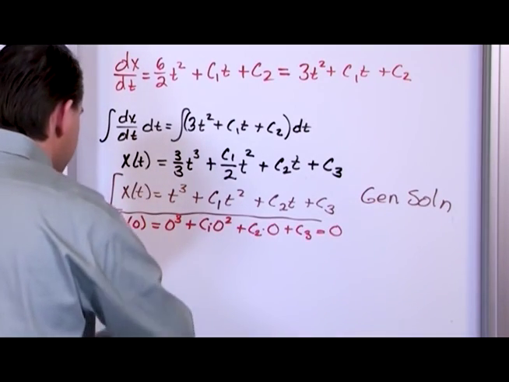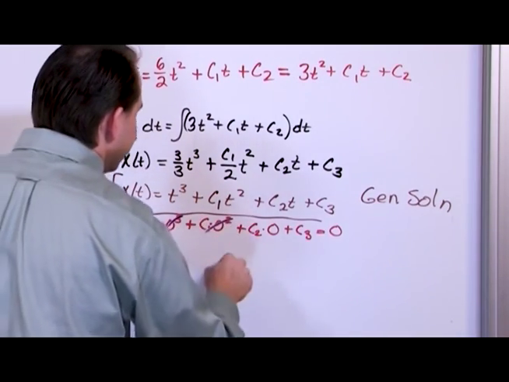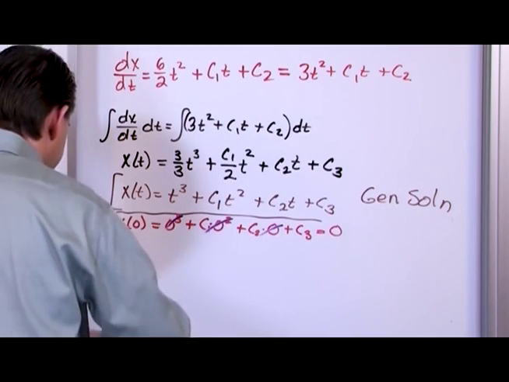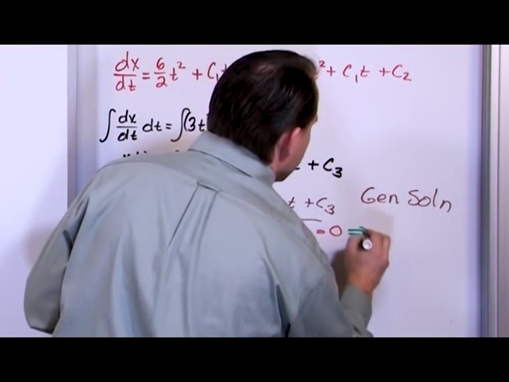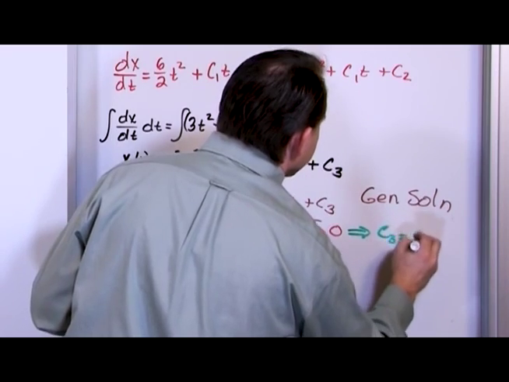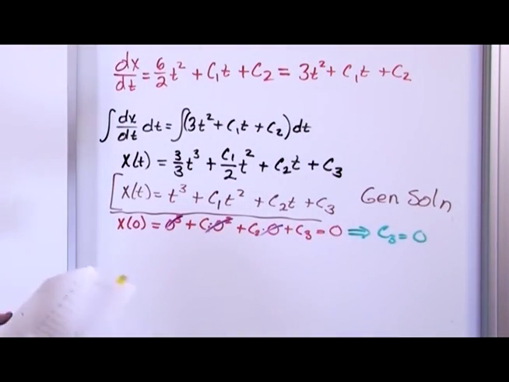So those terms mean nothing, and at the end of the day, constant 3 is equal to 0.